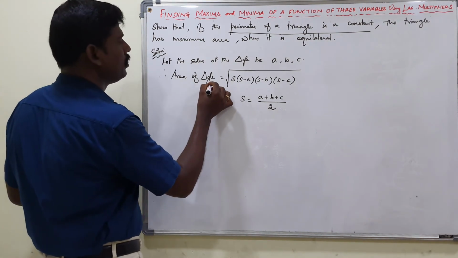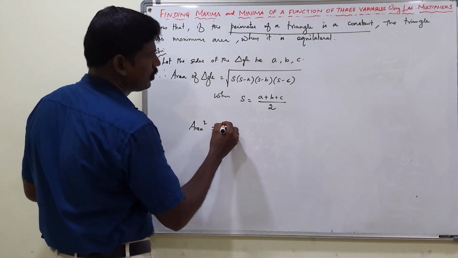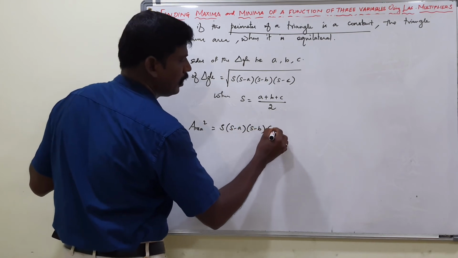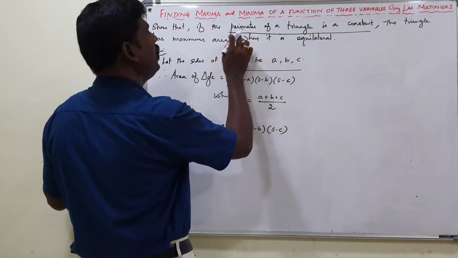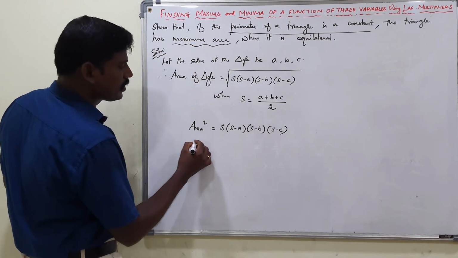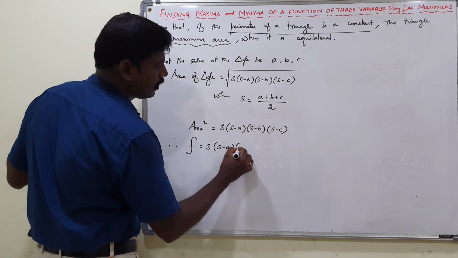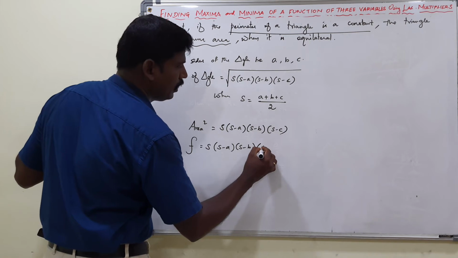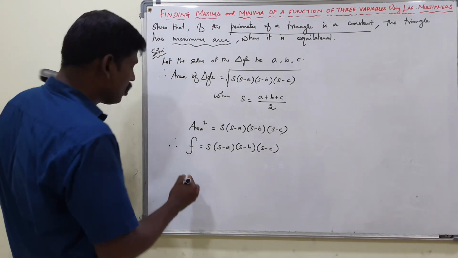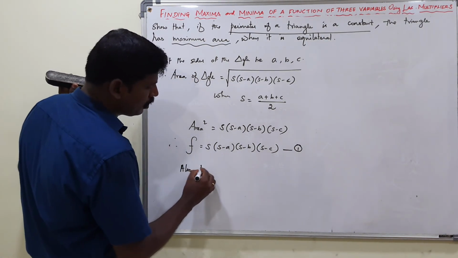Now I am going to square on both sides. So area square is equal to s into s minus a, s minus b, s minus c. I am going to find out the maximum area. So take this given function as F. Therefore, F is equal to s into s minus a, s minus b and s minus c. Okay, right? Also, perimeter, condition number 1. Perimeter is equal to what?